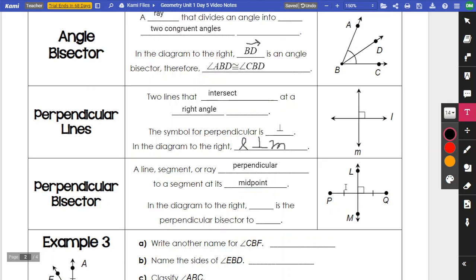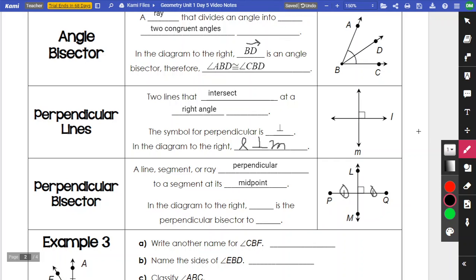These hash marks here mean that this segment from P to this point should be named also, but it's not. So this segment on the left is congruent to this segment on the right. That's what these hash marks mean. That means that the point that's not named, but should be, is the midpoint of segment PQ.